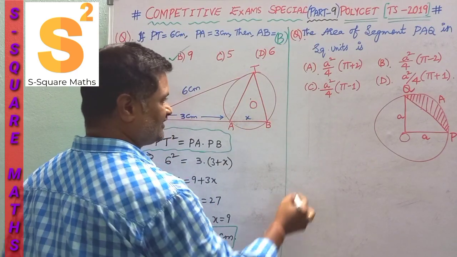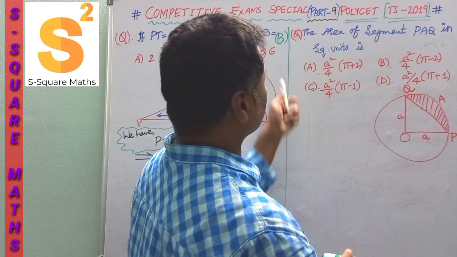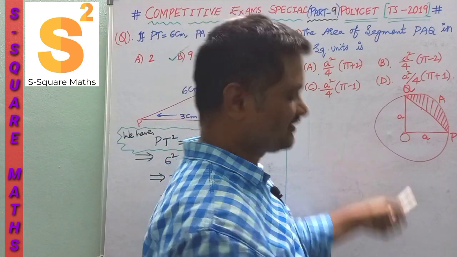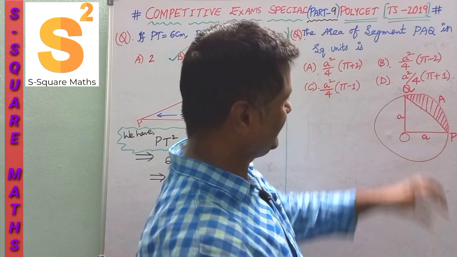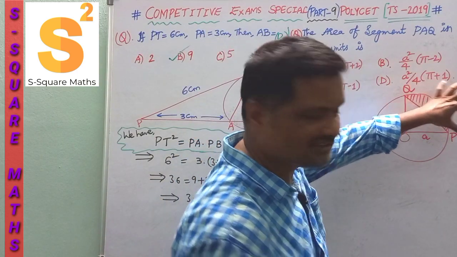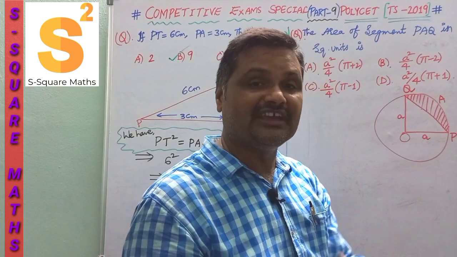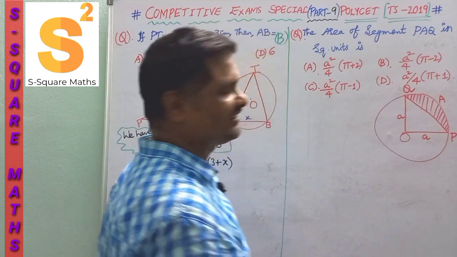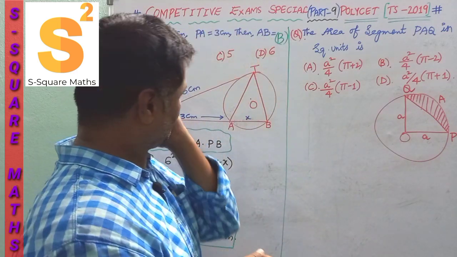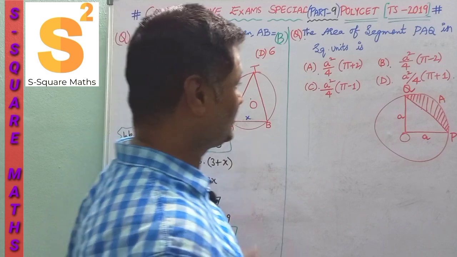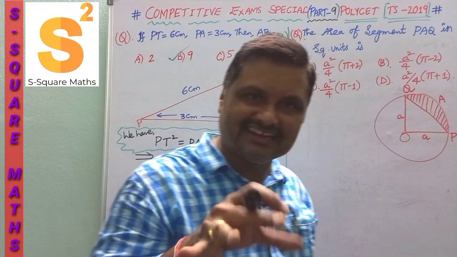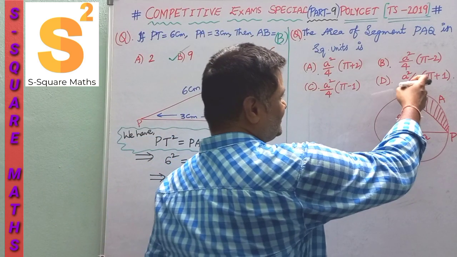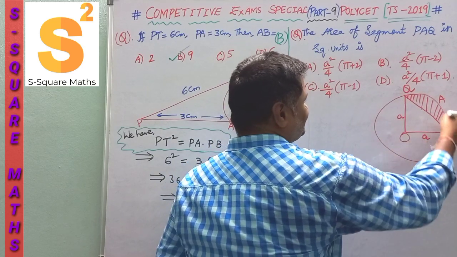What is the intention of the next problem here? The area of the segment PAQ. O is the center of the circle, and PAQ means this part, the shaded part. We have to determine the shaded region. If you observe carefully, the shaded part lies in this region.